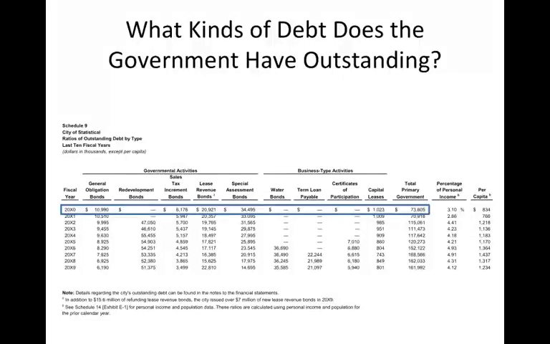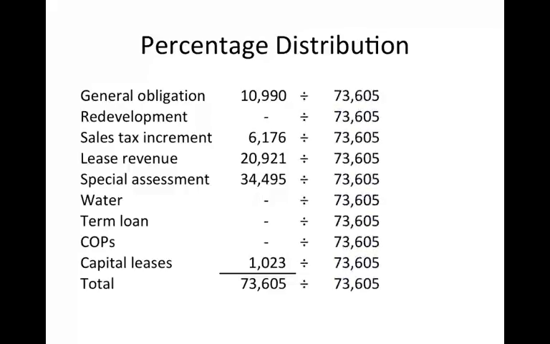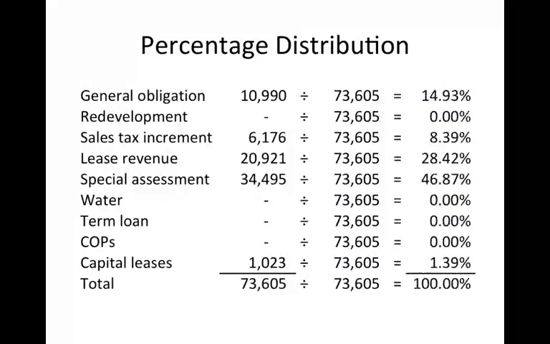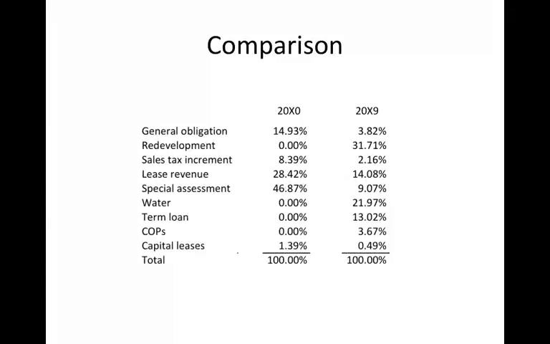The next step you might want to do, particularly looking at a government like this, where they started out with a certain number of types of debt and then added a lot of new types of debt over the 10-year period you're looking at, is to run the same percentage distribution for the first year in the trend as well, and then compare those side by side. So here's the first year, here's the most recent year.